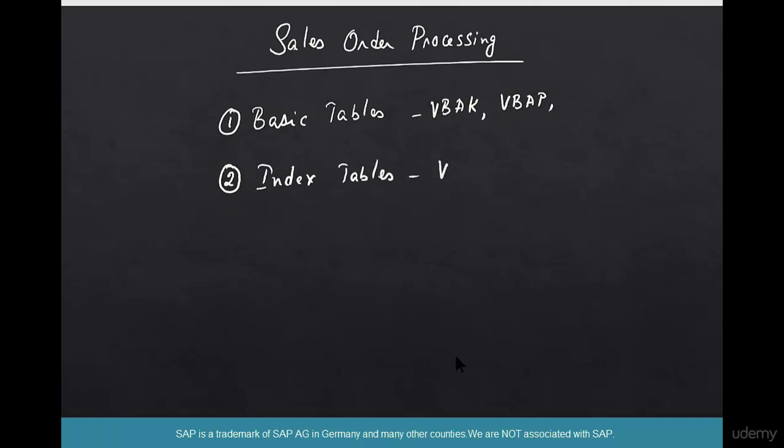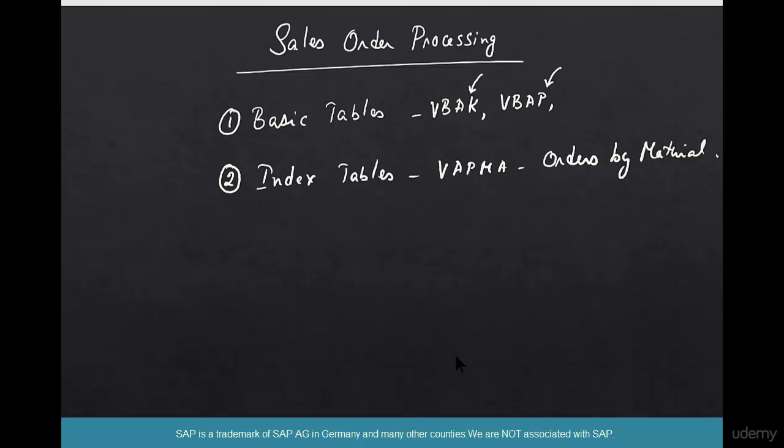Example, VAPMA. This table is called orders by material. So if somebody wants to view all the orders for a particular material, you can go to VBAP, VBAK and grab those.